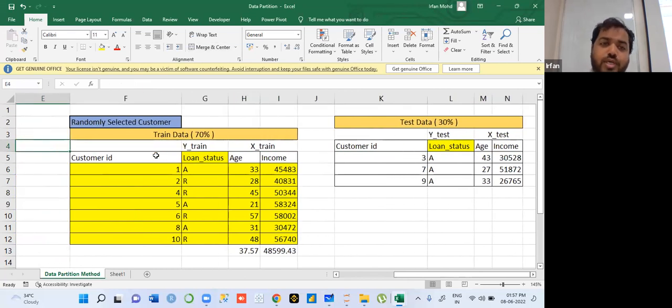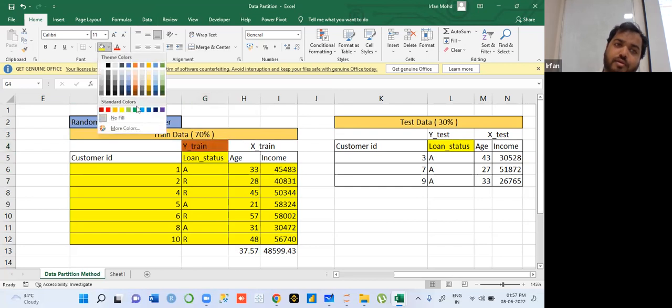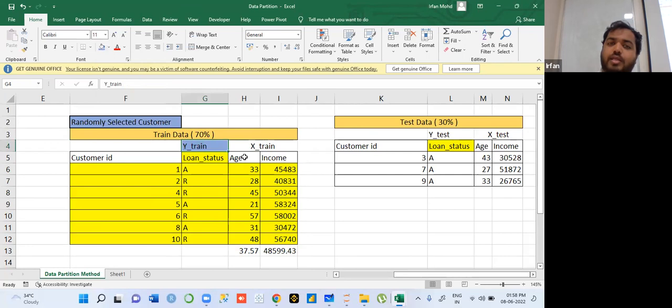Now guys, loan status is what for me? X, independent or dependent? Y, okay? If loan status is Y, now what is the data set name? Train. So can we call this Y train? Do you agree with us? Can I say age and income both are X for me? Coming from which data?